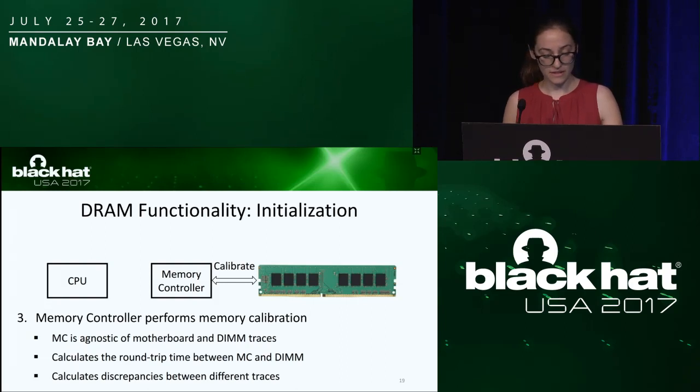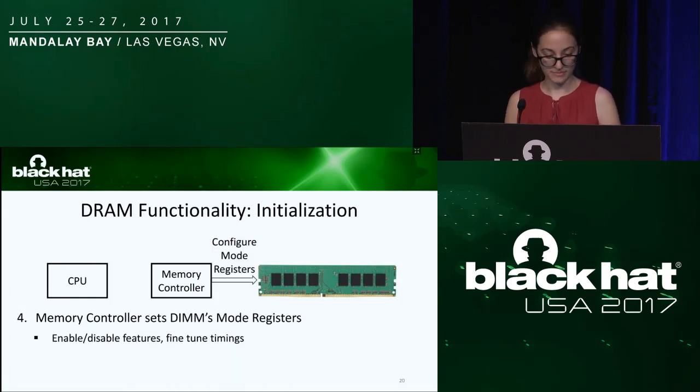And another thing that the memory controller needs to do is to calculate small discrepancies between the different traces. So as I said, DDR4 has 288 wires or traces, but those might have slight discrepancies. So one might be a little bit longer than the other one. So the memory controller needs to account for that.